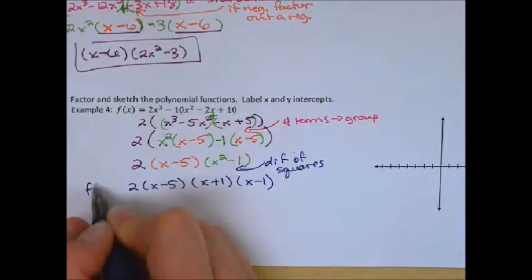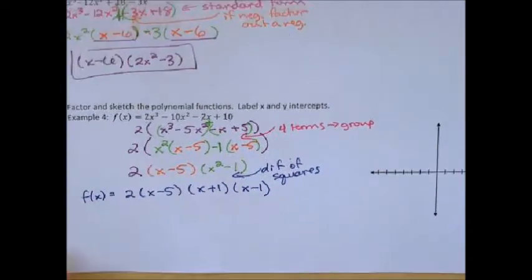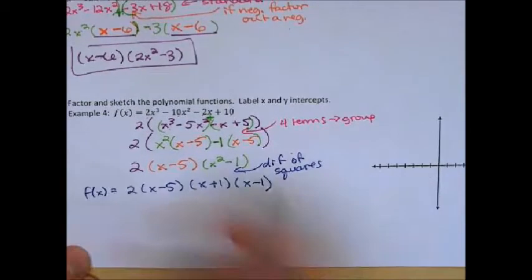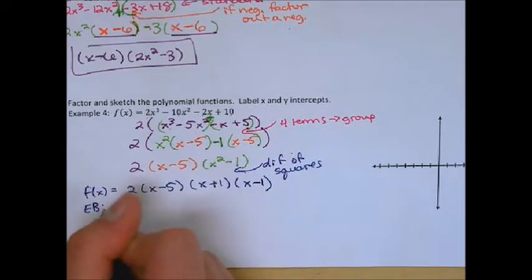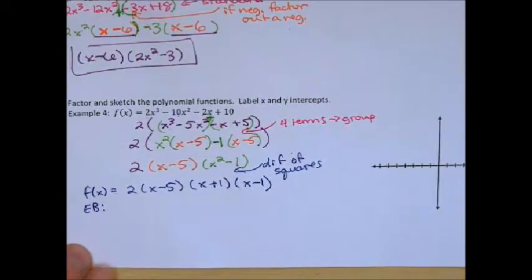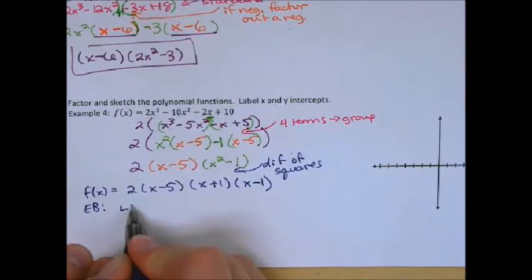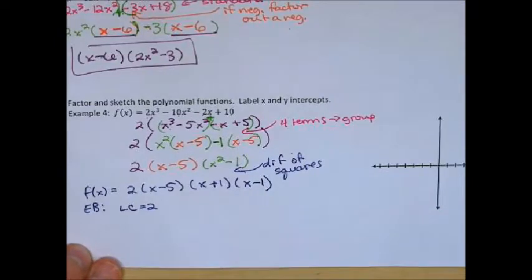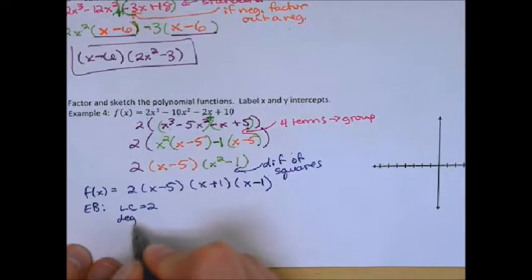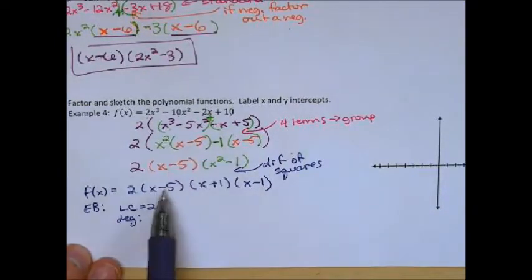So this is f of x. Let's sketch it. In order to sketch, I need my end behavior. My leading coefficient is 2. My degree, we can look in 2 places.